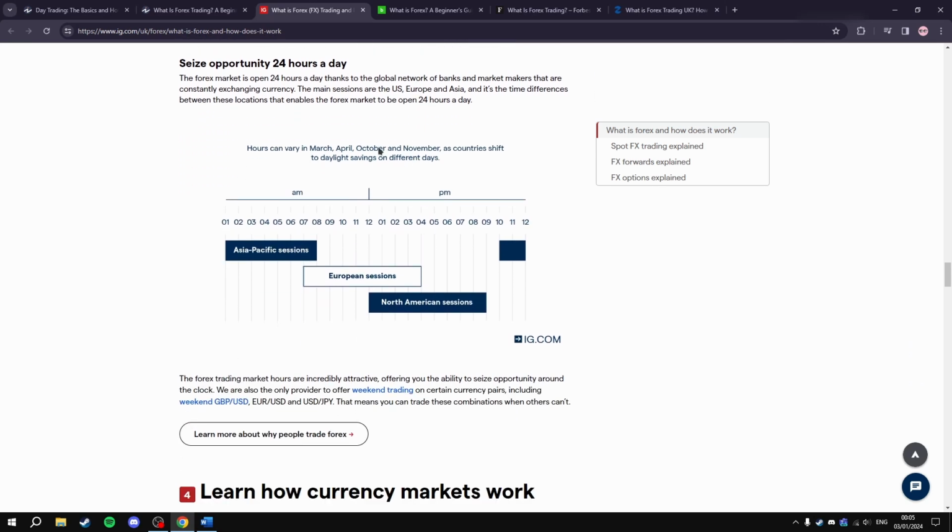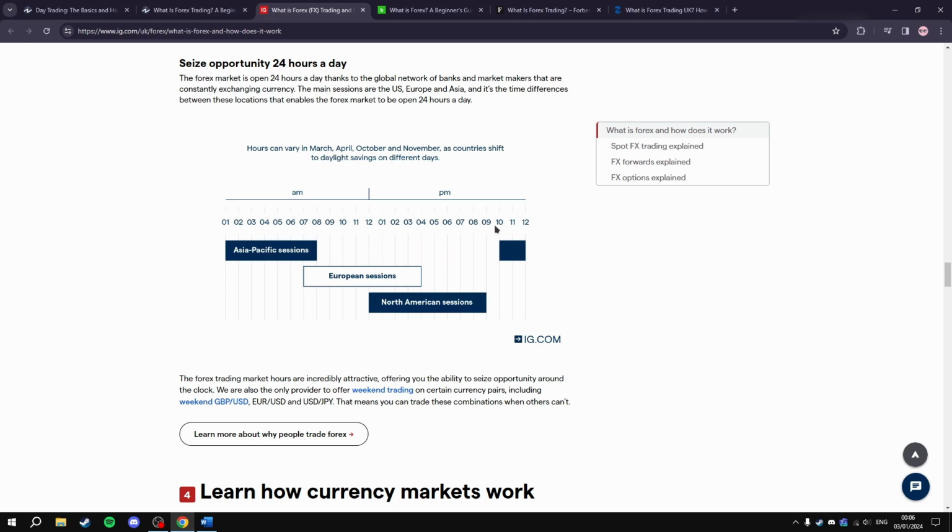Okay, seize opportunity 24 hours a day. The forex market is open thanks to a global network. The main sessions are Asia Pacific and European. So this is where I am, European, and this goes back to Asia Pacific.